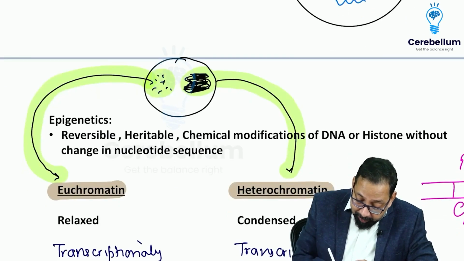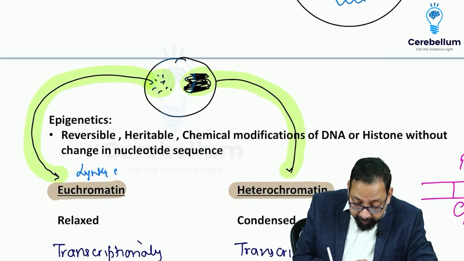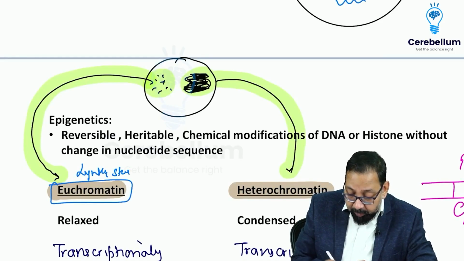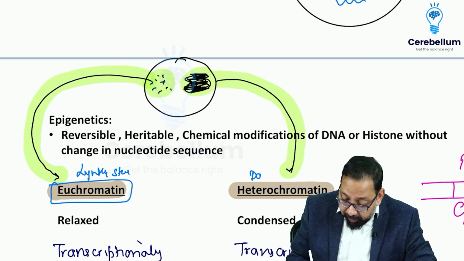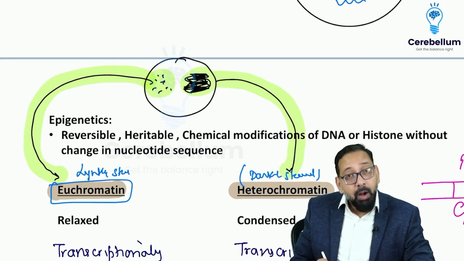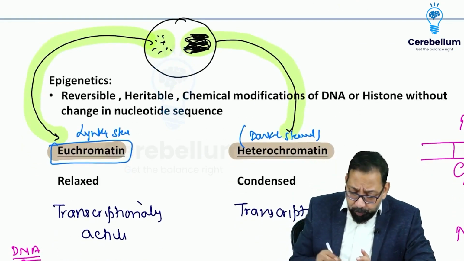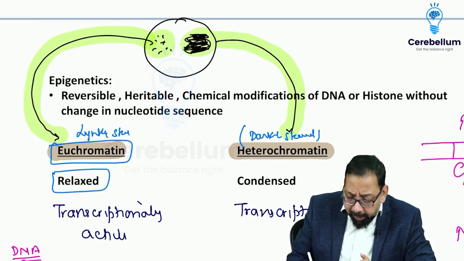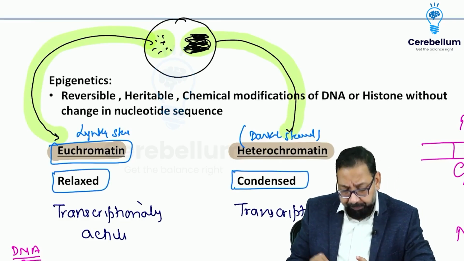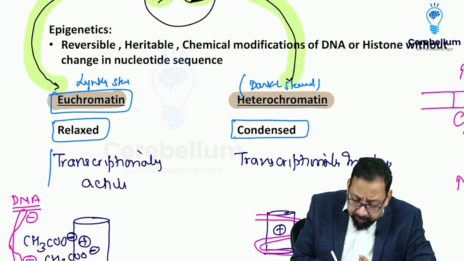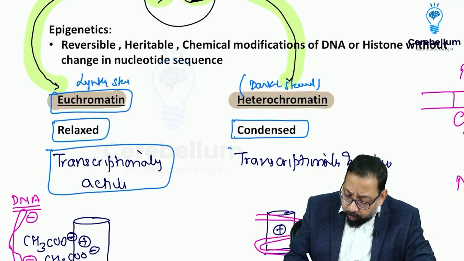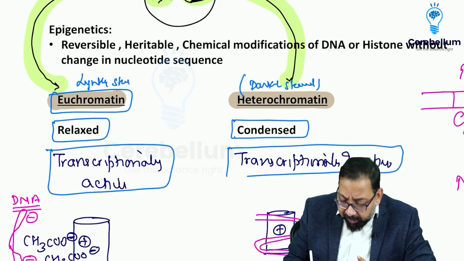Lightly stained is euchromatin. Darkly stained is heterochromatin. We found that euchromatin is relaxed, heterochromatin is condensed. Euchromatin is transcriptionally active, heterochromatin is transcriptionally inactive.